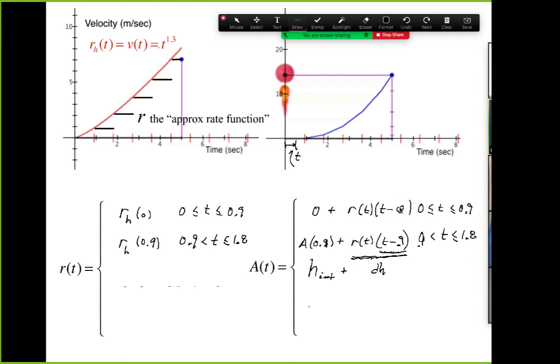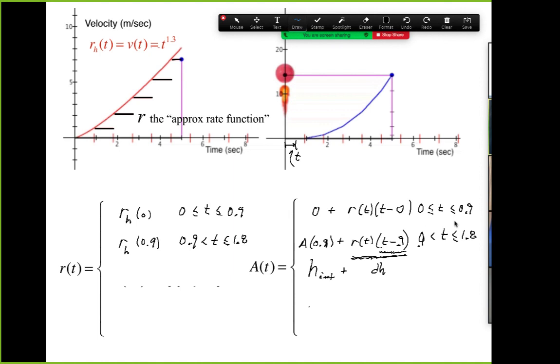All right. Richard, what were you saying? Do we have an issue with the inequalities on the approximate rate function? What's the issue? I believe the right hand side should be strictly less than, and the left hand side should be less than or equal to, of the domain.